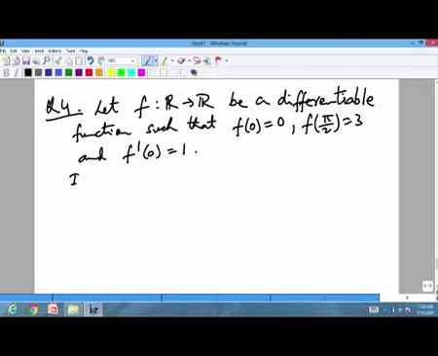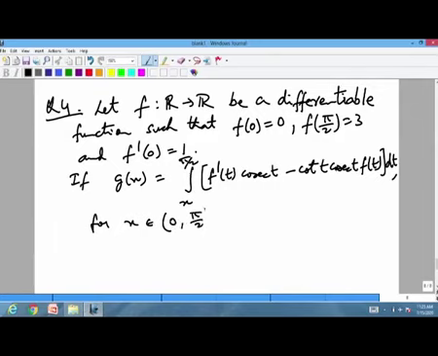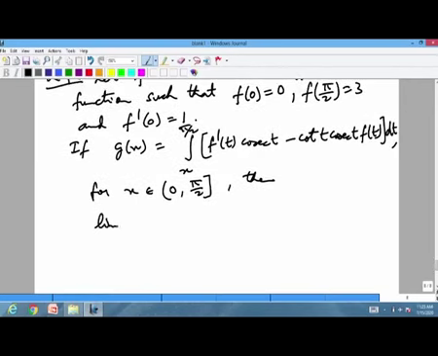Now, if g of x is equal to the integral from x to pi by 2 of f prime t cosec t minus cot t cosec t f t dt, for x in 0 to pi by 2, open at 0 and closed at pi by 2, then we have to find the limit of g of x as x approaches 0.